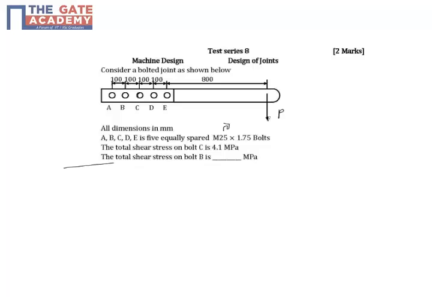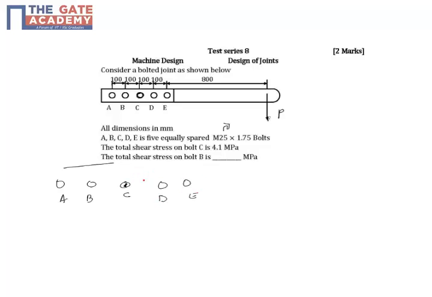What we will do now, just like any eccentric joint, is find the CG of these bolts. The CG is obviously at the center of bolt C. Okay, so this is the CG.